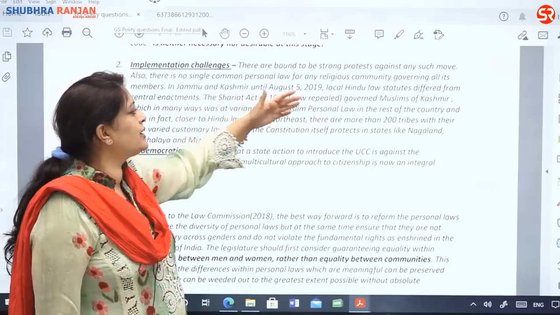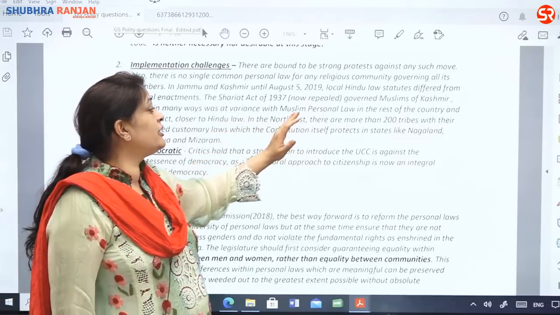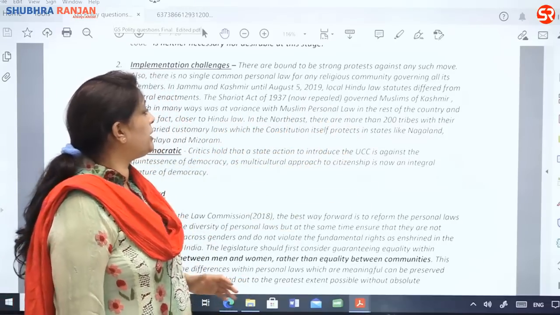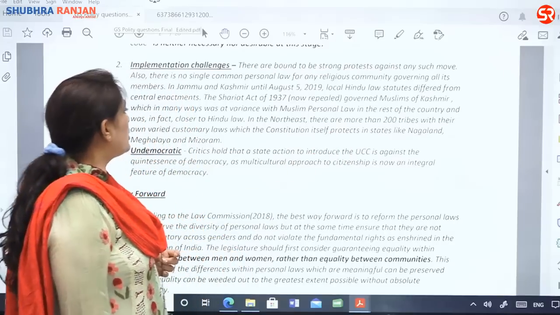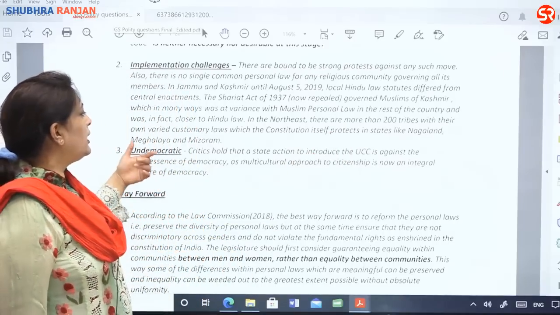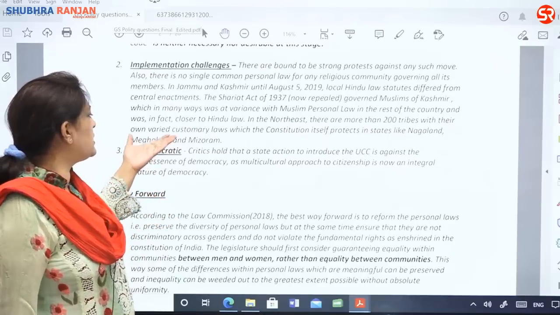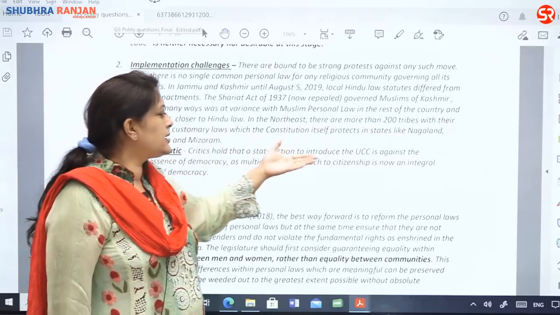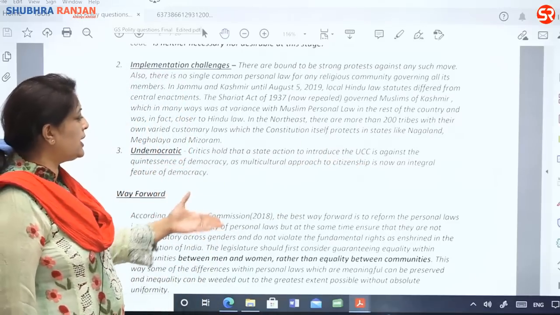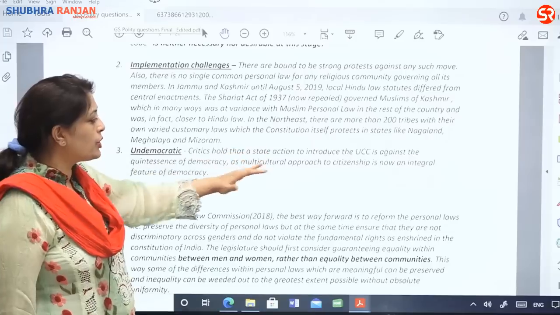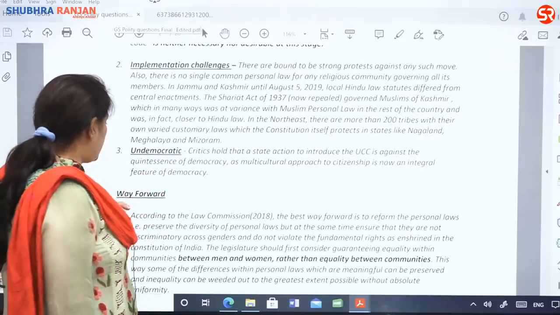The Shariat Act governed Muslims of Kashmir, which in many ways is a variant of the Muslim personal law in the rest of the country. Then in the Northeast there are more than 200 tribes, and from some points of view it is considered undemocratic. State action is against the quintessence of democracy, as a multicultural approach to citizenship is now an integral feature of democracy.